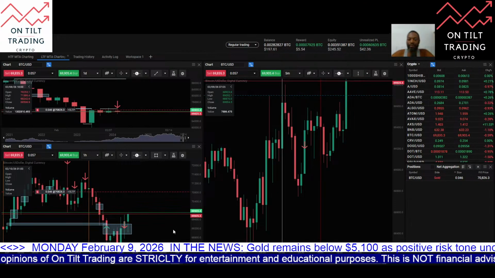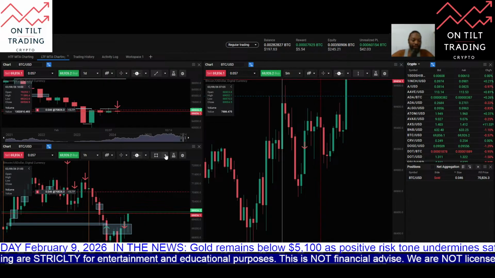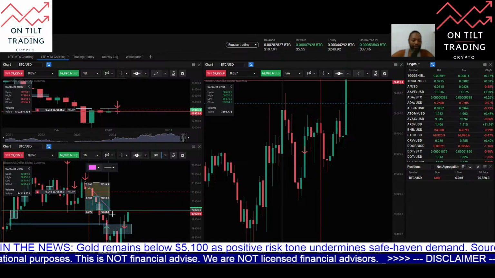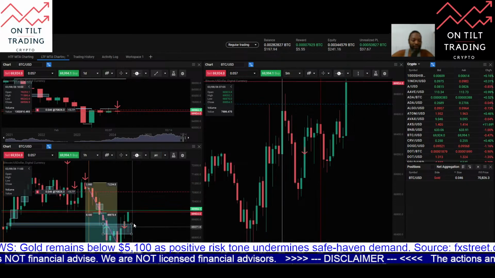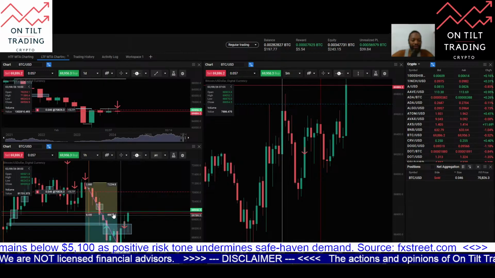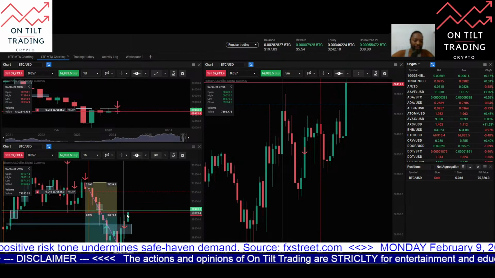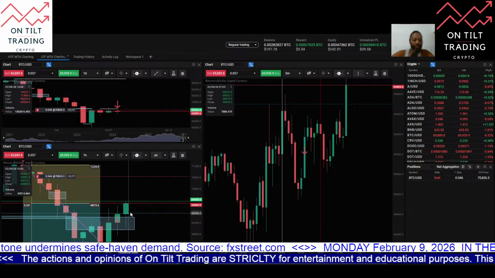So the issue that I have with this particular trade is that equilibrium was not met. If you look at this, you'll see now price has just tapped equilibrium here. So this may have been my error with taking this trade.